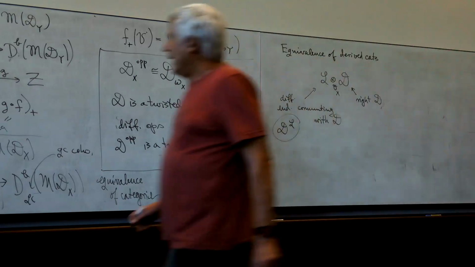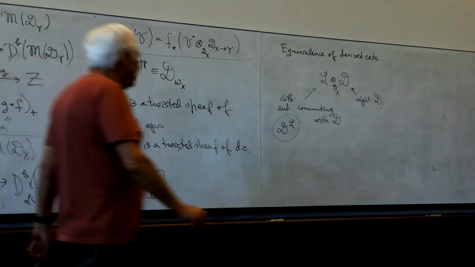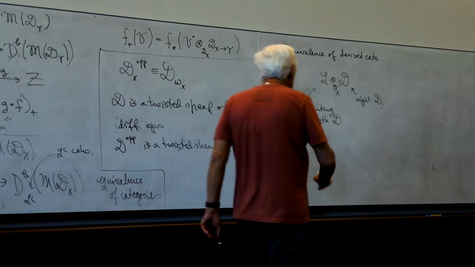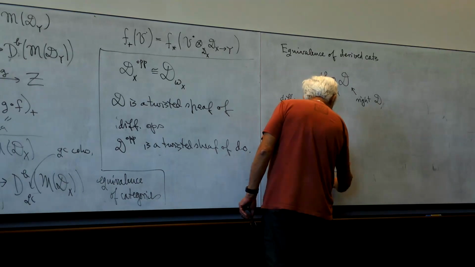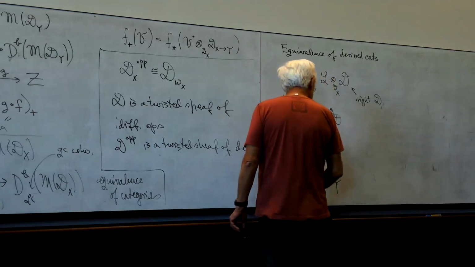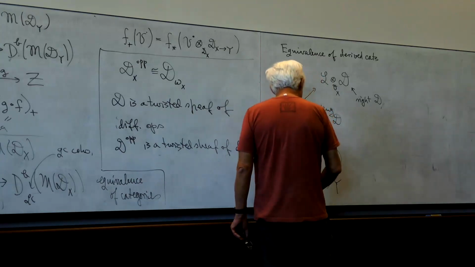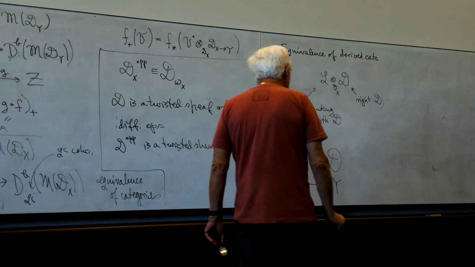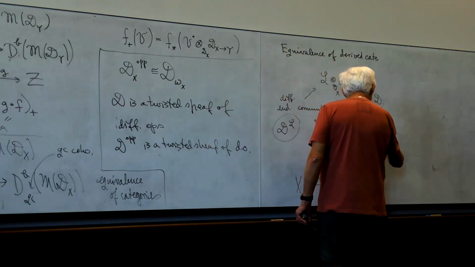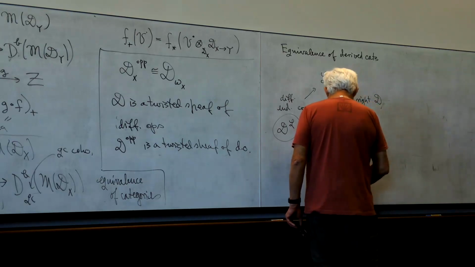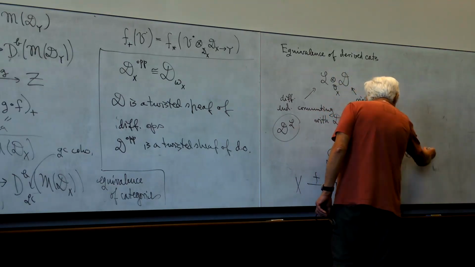Another related thing: if you have this D, say on Y, a twisted sheaf of differential operators, and we take f from X to Y, then you can look at the construction of D_{X→Y}.